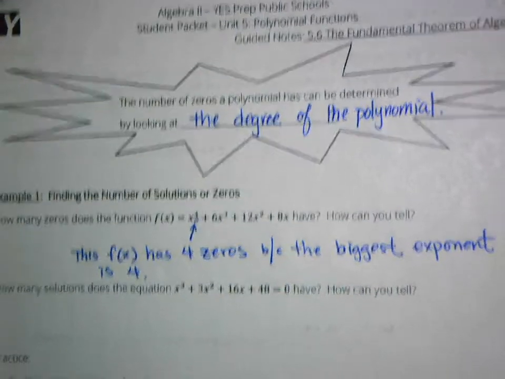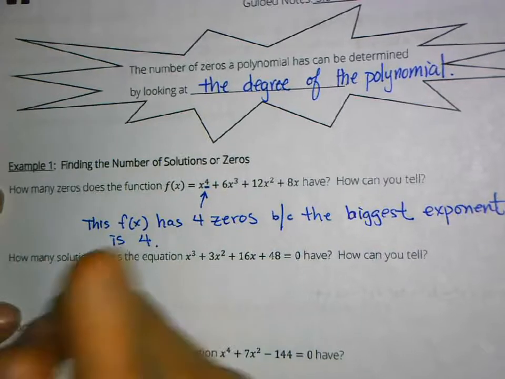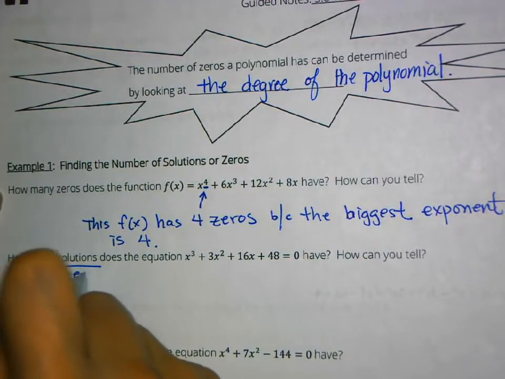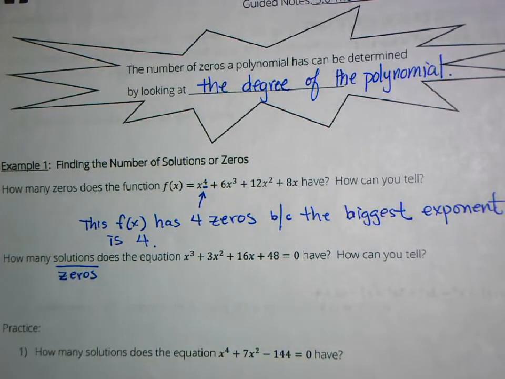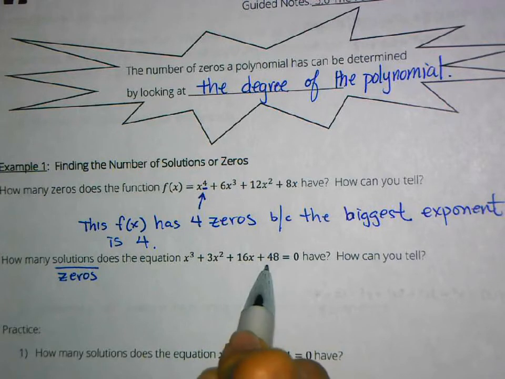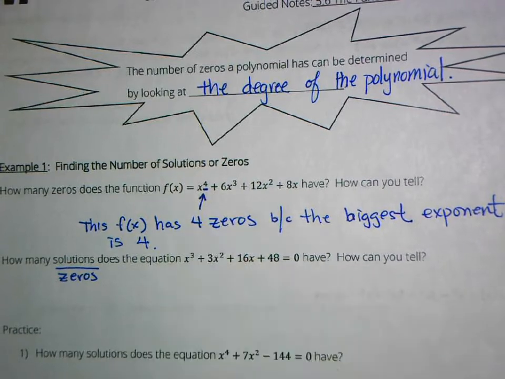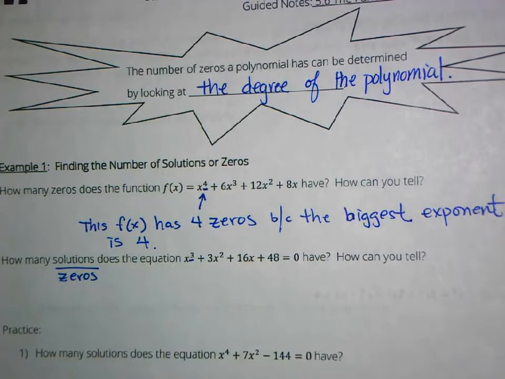So if you look at the next one, another example, how many solutions? Again, solutions can also be called zeros. How many solutions does the equation x cubed plus 3x squared plus 16x plus 48 equals 0 have? And how can you tell? Well, what's the biggest exponent? The biggest exponent is 3.